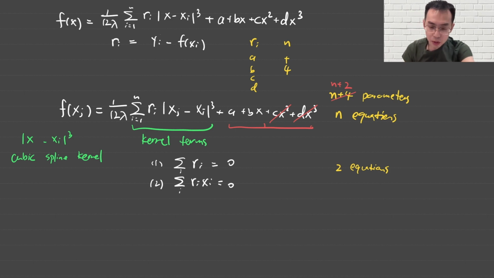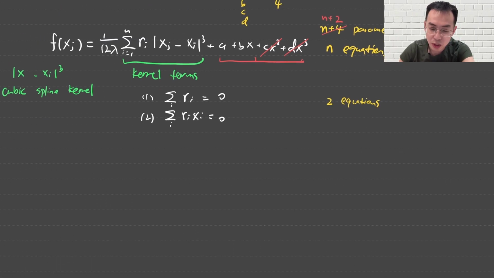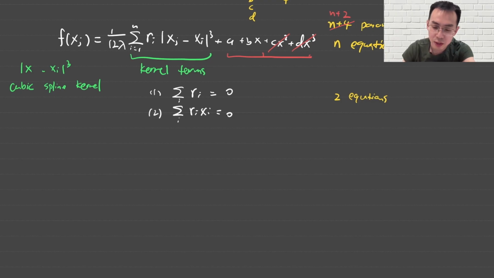Okay, so the last thing that we can do here is to just write everything down in terms of matrix notation to bring everything together. So let's see how it works. First, we can define this matrix K here, the kernel matrix, as this.